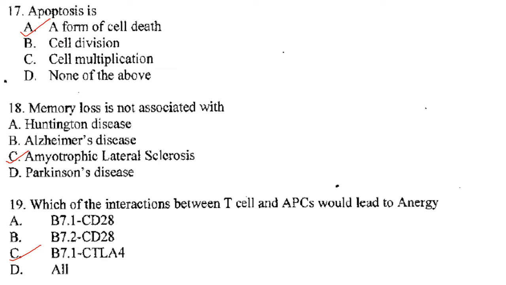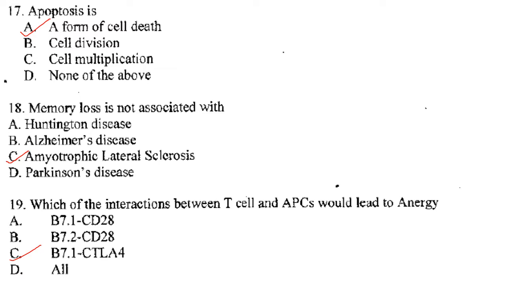Next one. Which of the interactions between T cell and APC, antigen presenting cells, would lead to anergy in T cells? So TH cell recognition of an antigenic peptide MHC complex. The TH cell will recognize an antigen that is presented on MHC complex.